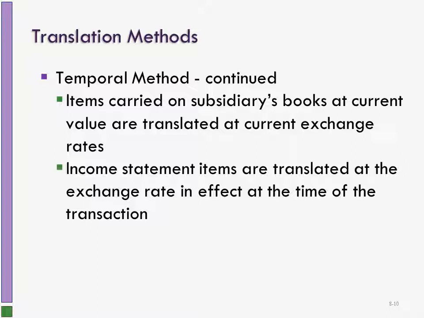However, some expenses such as cost of goods sold, depreciation of fixed assets, and amortization of intangibles are related to assets carried at historical cost. Because these assets are translated at historical exchange rates, the expenses related to them must be translated at historical exchange rates as well.